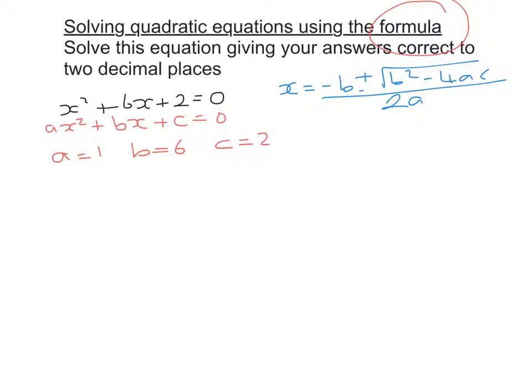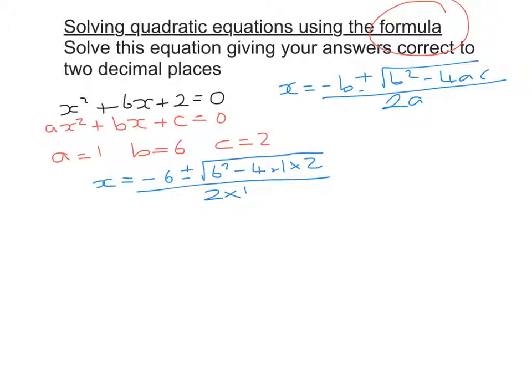So let's try it. x is going to be equal to minus b, so that's minus 6, plus or minus the square root of b squared, that's 6 squared, minus 4 times a, well a is 1, times c, which is 2, all that square rooted, and then everything is divided by 2 lots of whatever a is, in this case 1. So let's tidy that up a bit.